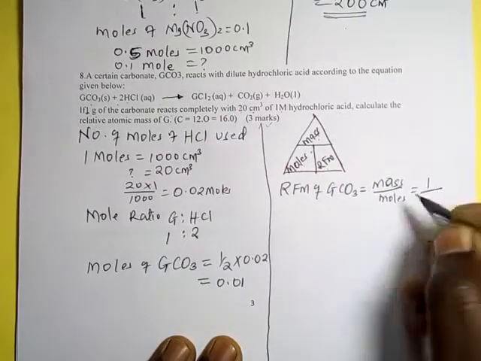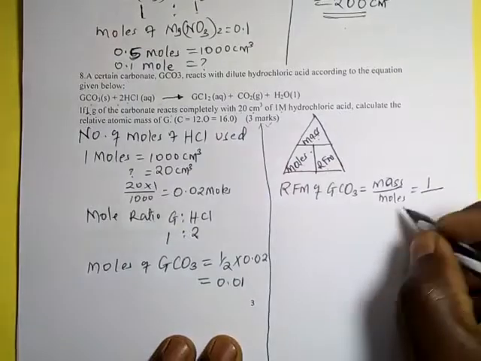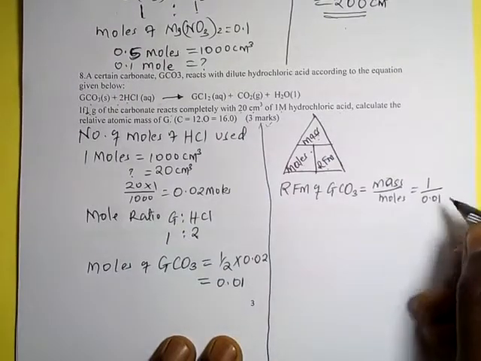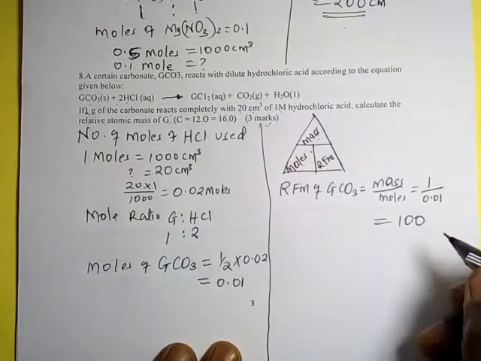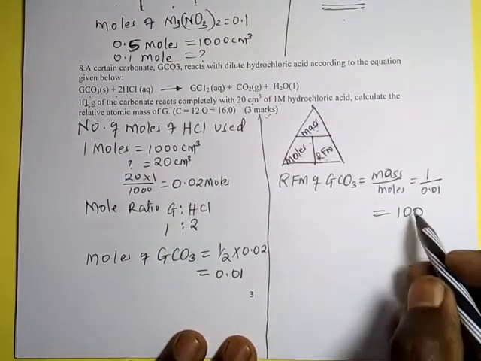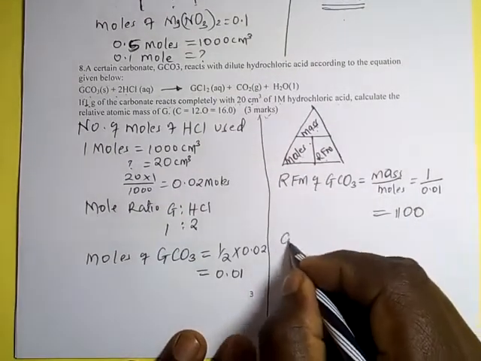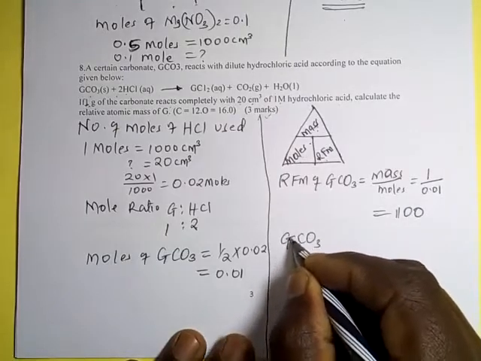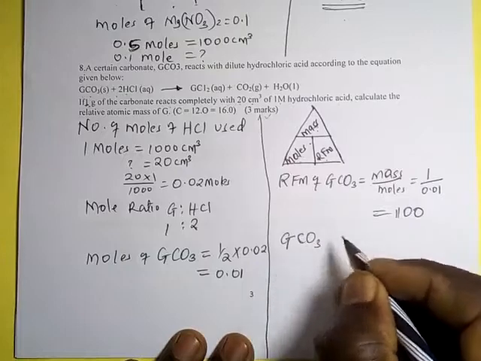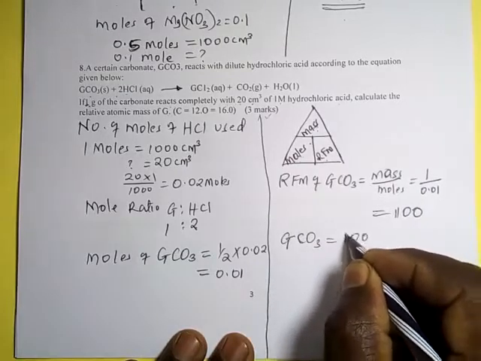Mass is 1 divided by moles, which is 0.01. So the RFM is 100. Now, since we have the RFM, meaning that for G carbonate, when you add the mass of each element, the answer should be 100.